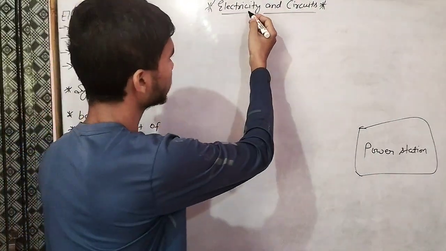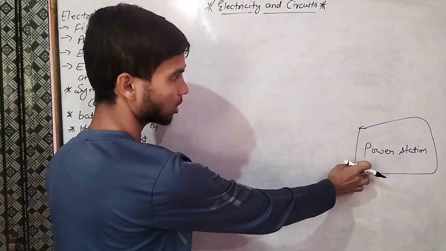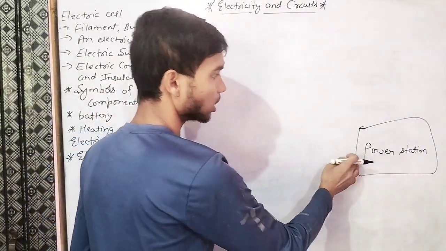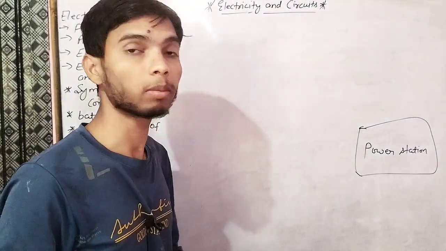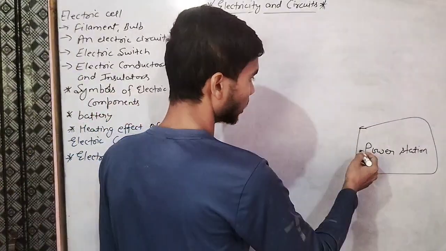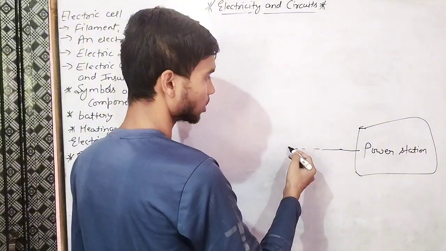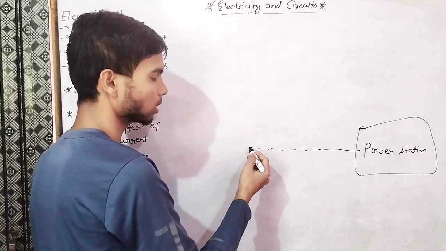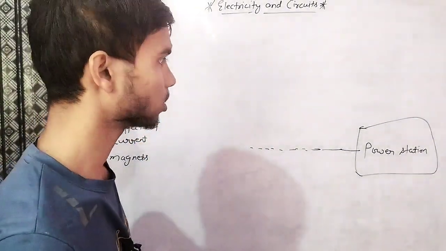So this is a power station. Here we will see chemical storage and a transformer. From the transformer, electricity is flowing, current is flowing, like this.